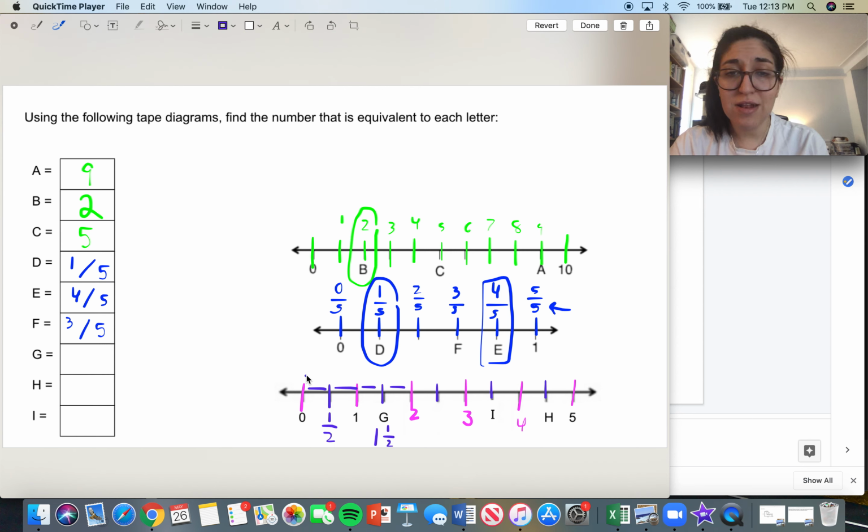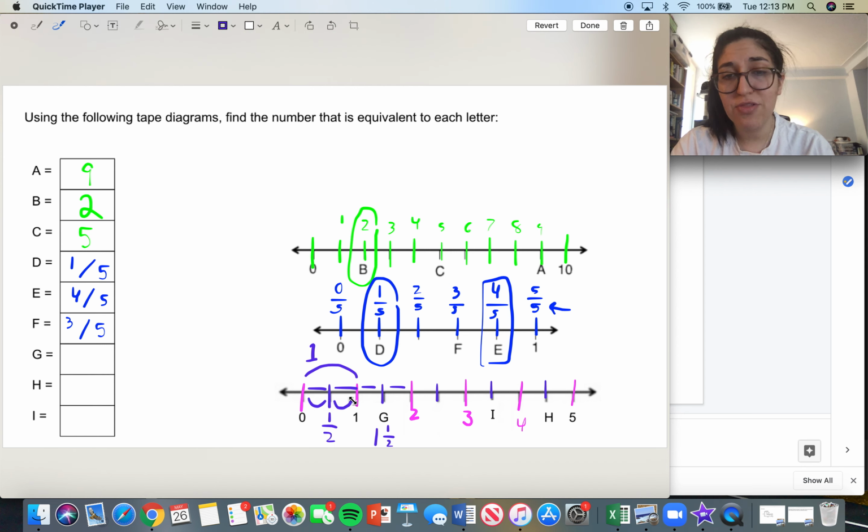So it turns out that every big jump is 1 whole. Every small jump, every one of these, is a half.